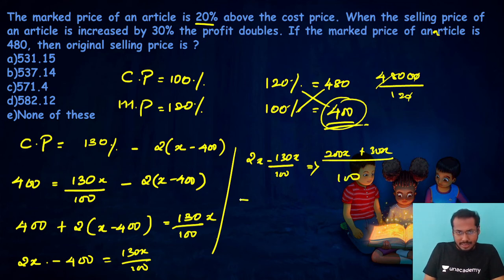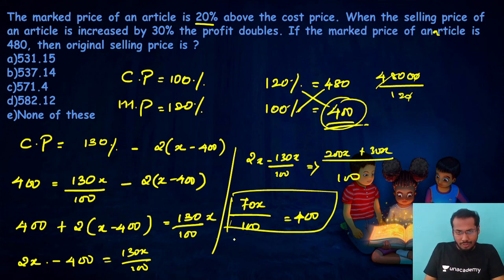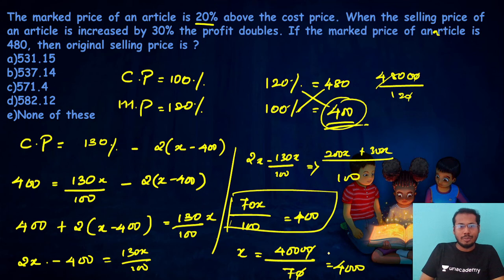So at last, 70x divided by 100 is equal to 400. This is the final equation. From this, if you solve, you will get the x value. X value is nothing but 400 into 100 divided by 70. Just cancel the zeros. You will get 4000 by 7. X value is 4000 by 7, so I got the X value, that is the profit.